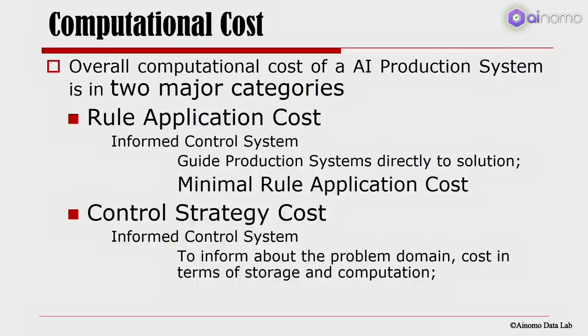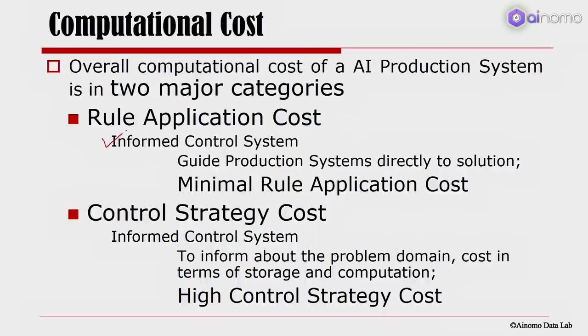Whereas to inform about the problem domain, there is a huge cost in terms of storage and computation, and therefore we have a very high control strategy cost. So the rule application cost in an informed control system is minimal, whereas the control strategy cost in an informed control system is high.